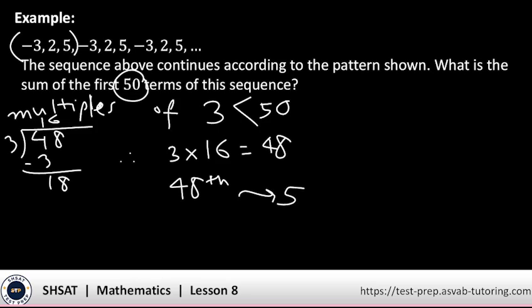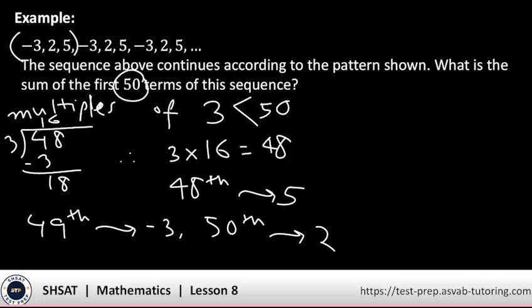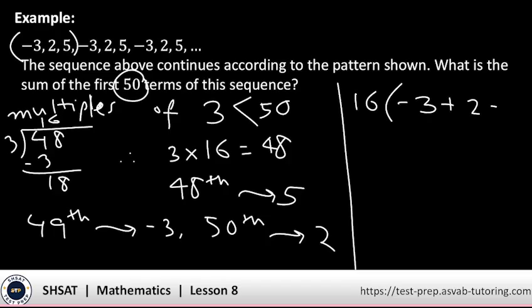So the 49th term is going to be negative 3, right? Again, the 50th term is going to be 2. So for the first 50 terms, there are in total 16 groups of the pattern negative 3, 2, 5.